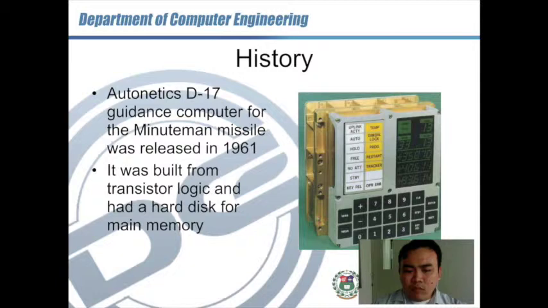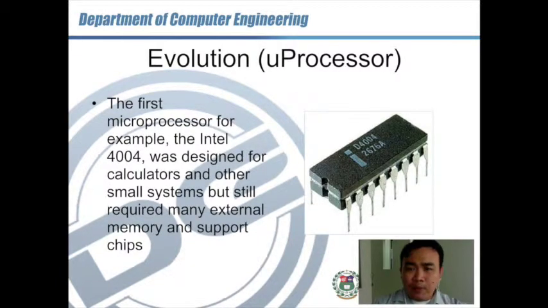And the embedded system basically evolved from the microprocessor itself. We know the Intel 4004, the first microprocessor, provided a key system for much more powerful computers to come.